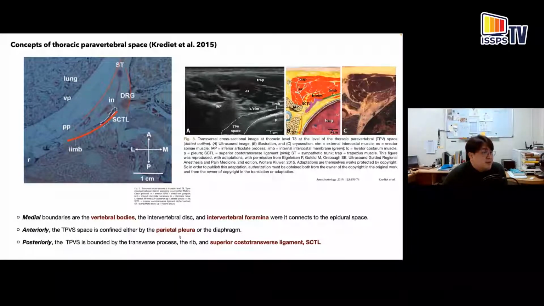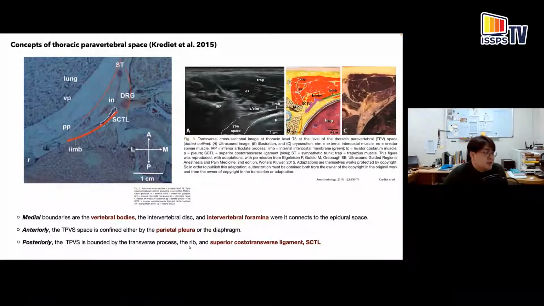Actually, there is an endothoracic fascia between the rib and the pleura. This fascia is a thin connective tissue layer. So in my opinion, it seems to play a role as glue between the rib and pleura.